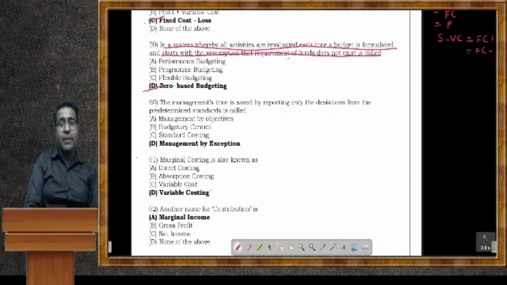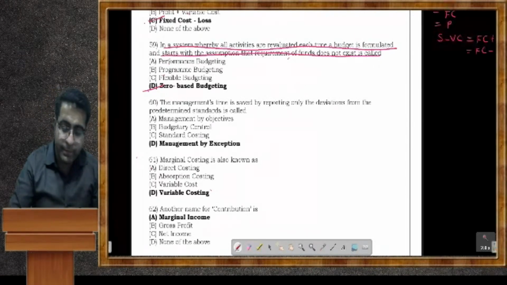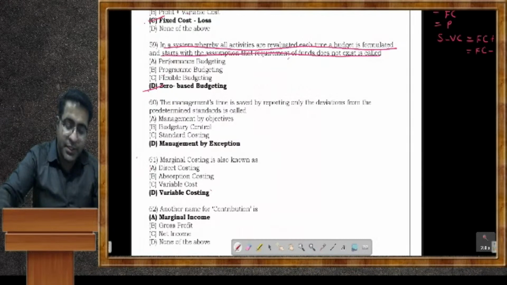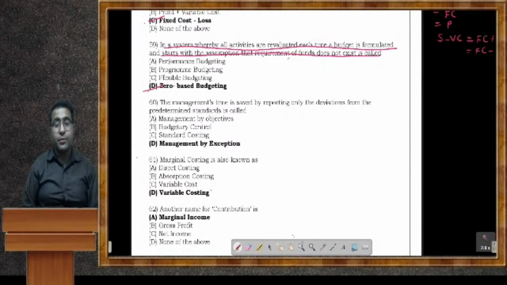When we always revalue each and every thing for the formulation, then this type of budget is regarded as zero base budget. Okay, moving to the next question.